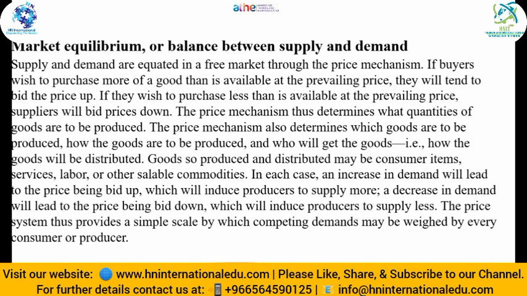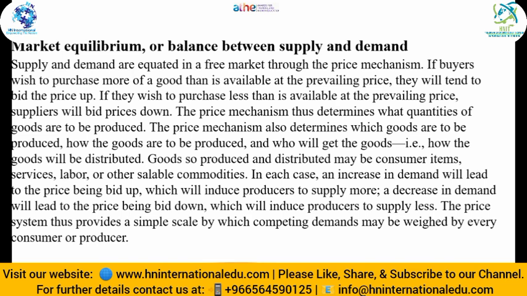Okay, so similarly, this is explained over here. When there is higher demand for a certain product, the supplier, the producer will bid the price up. And when the demand for the product decreases, then they will bid the prices down.